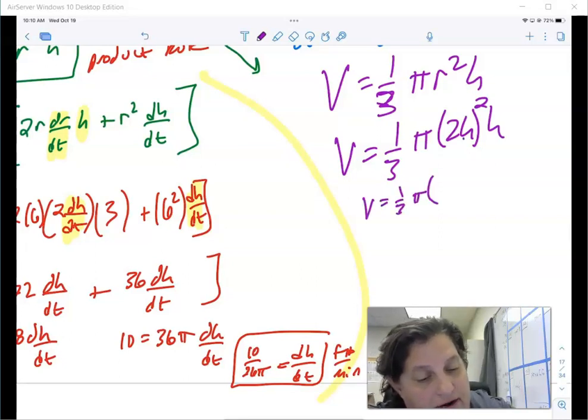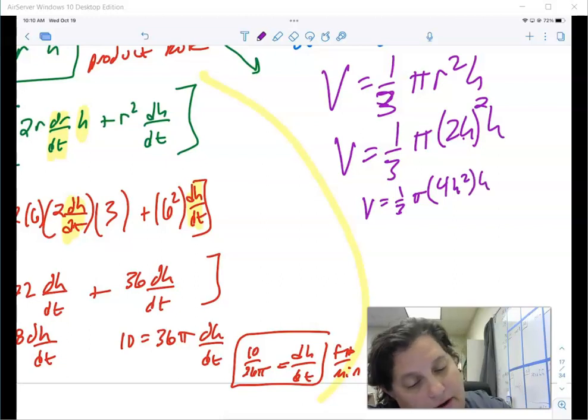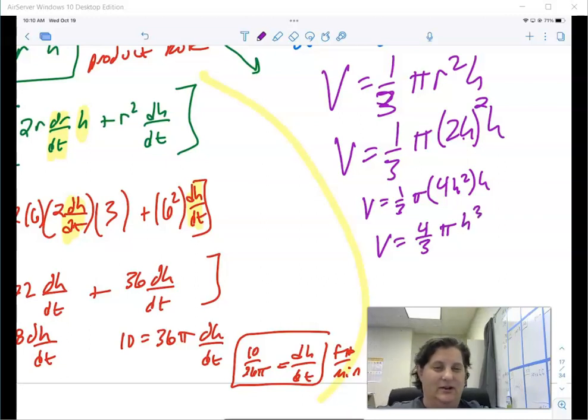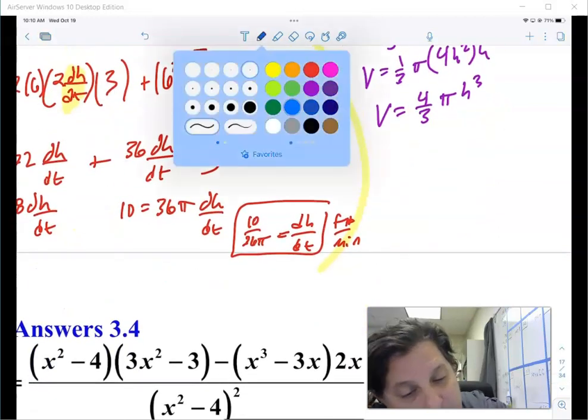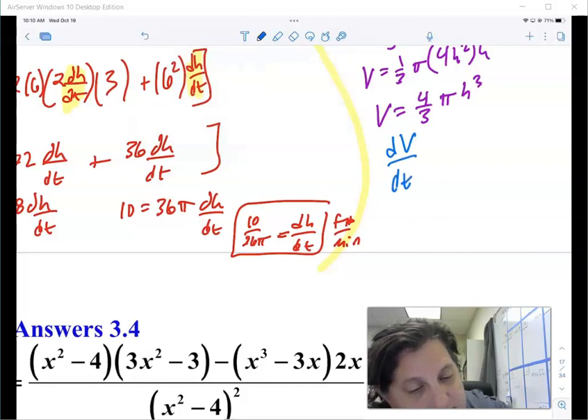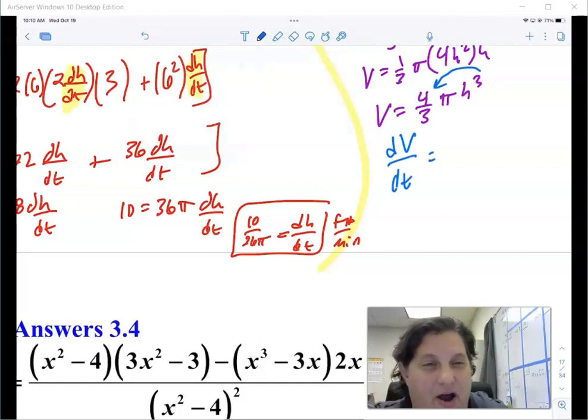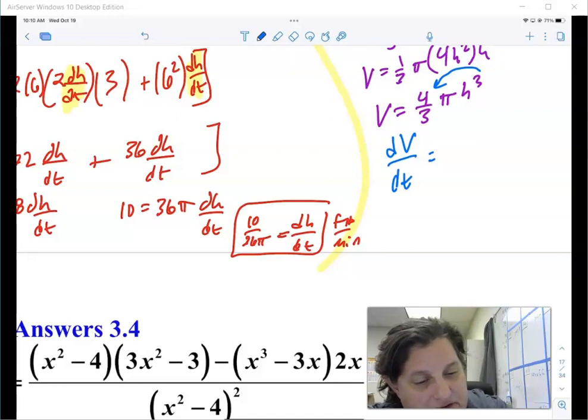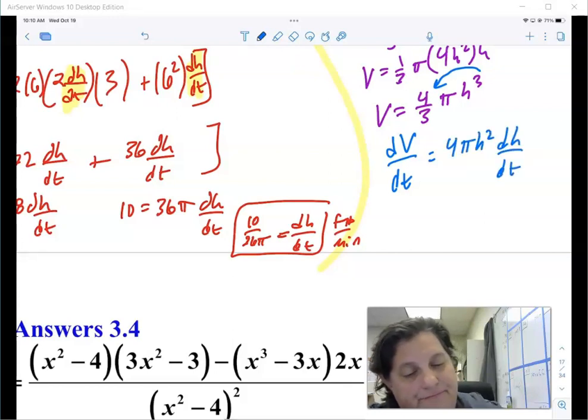All right, 2h squared is 4h squared. So my volume is 4/3 pi and then h to the third. Okay, so I just did a little bit of manipulation so I don't have so many variables. Why does that help? Well, now I don't have to do the product rule anymore. Okay? Here's my derivative. dV/dt equals, bring that down in front, 4/3 times 3 is 4 pi h squared dh/dt.